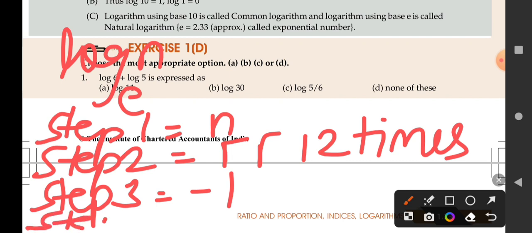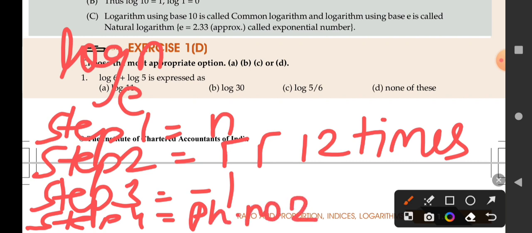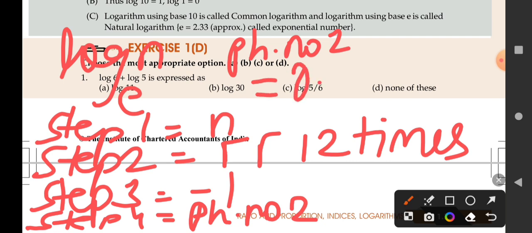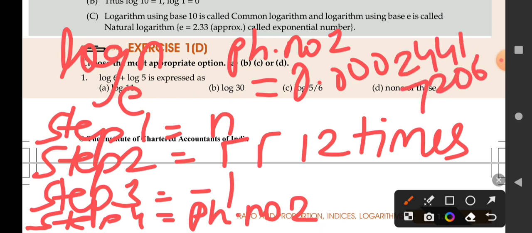And step 4, phone number 2. What is phone number 2 here? It is equals to 0.00024417206. Okay.